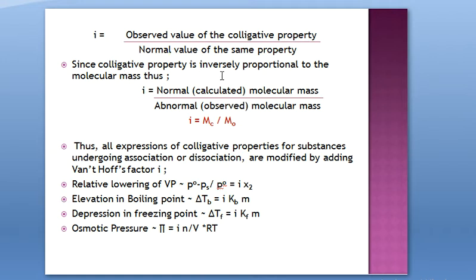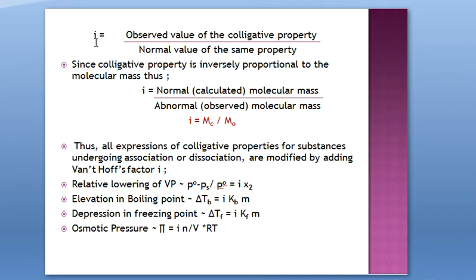Now since colligative property is inversely proportional to the molecular mass, if you have to express i in terms of molecular mass, it will be the inverse: normal molecular mass divided by abnormal molecular mass. This is the tricky objective question: you have to see whether Van 't Hoff's factor i is given in terms of colligative property or in terms of molecular mass.